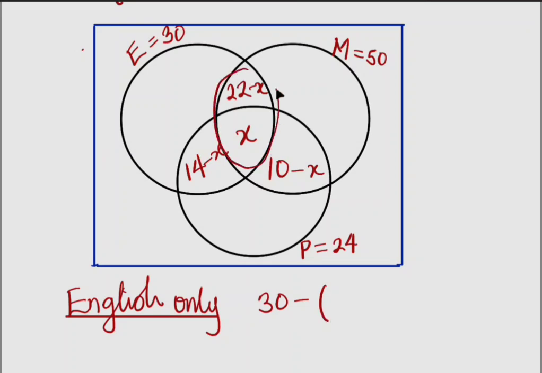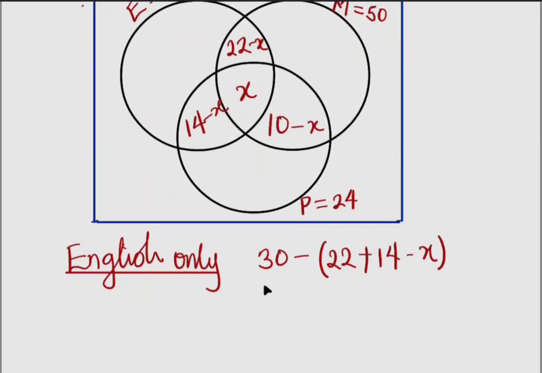The sum of this, 22 minus x plus x, is going to give us ordinary 22. So we have 22 plus 14 minus x. If we simplify this further, we shall have 36 minus 22 minus 14, that will give us 36, then plus x, because we are using this minus to open this bracket, so we shall have plus x.